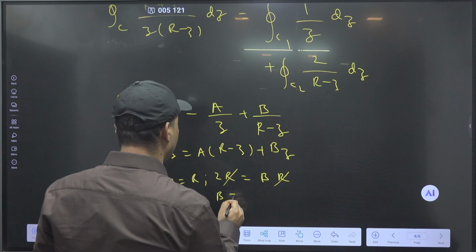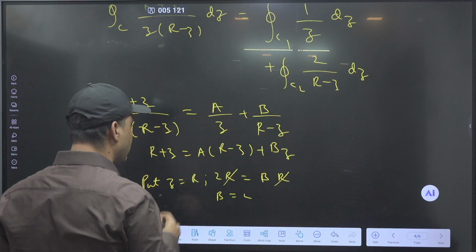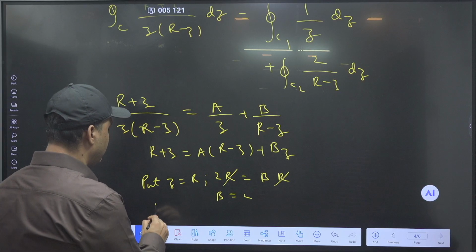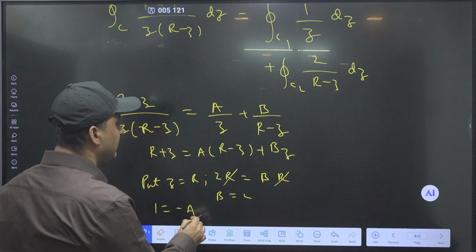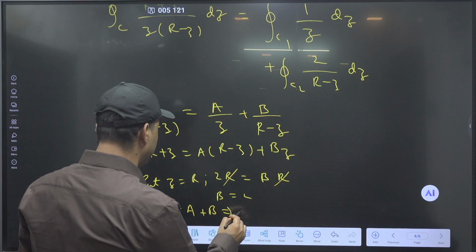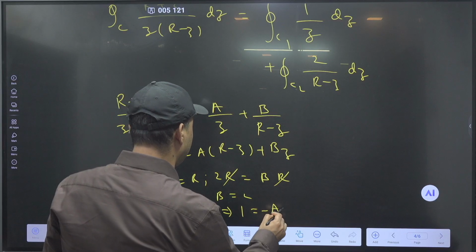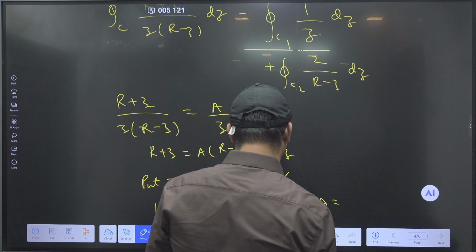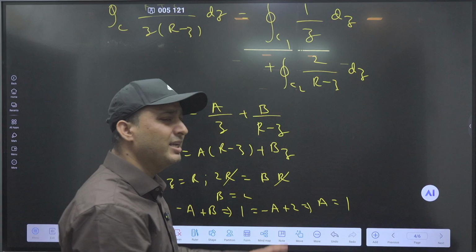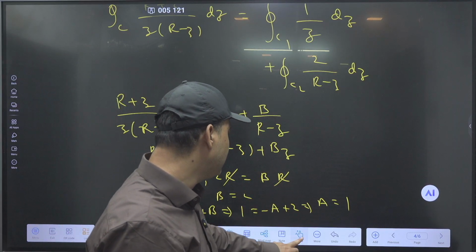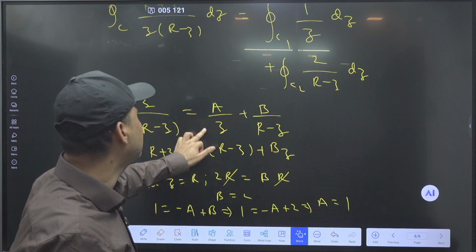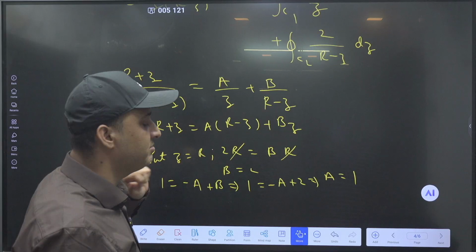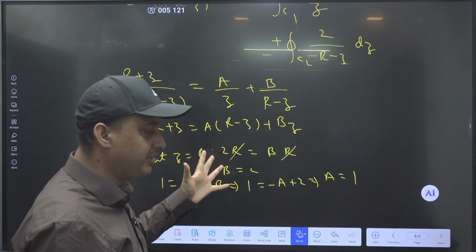Therefore, B is equal to 2, and if I compare the coefficient of z, so I can say that 1 is equal to minus A plus B. That means 1 is equal to minus A plus 2. So A is equal to 1, right? So I can very well find this partial fraction. That's not a big deal. So I have just done it for those who could not understand this process, and this is very simple to begin with. Simple things, we often make mistakes.